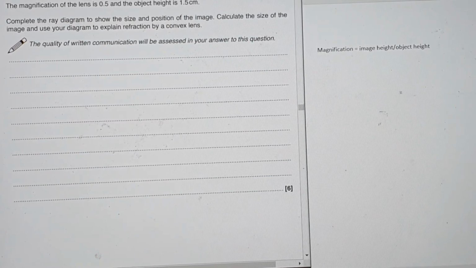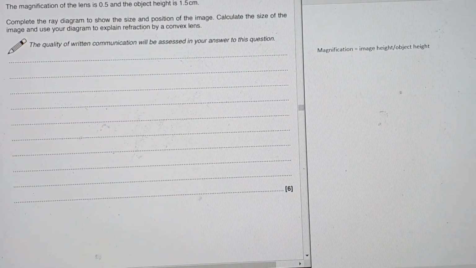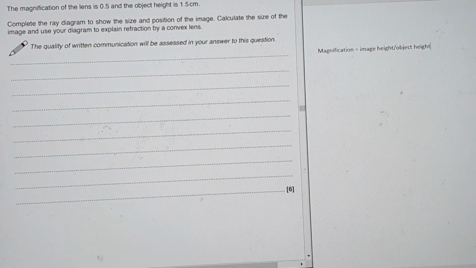That makes sense, doesn't it? If the image is twice as big as the object, then the magnification is 2. Let's say the object is 1 centimeter and you magnify the image and it gets to 2 centimeters. That magnification would be 2 times.